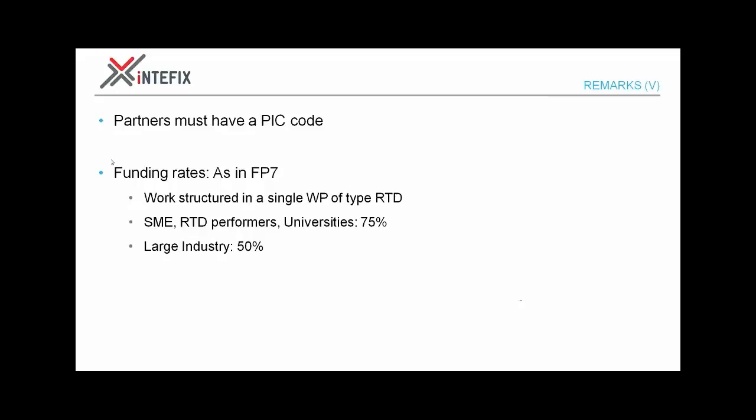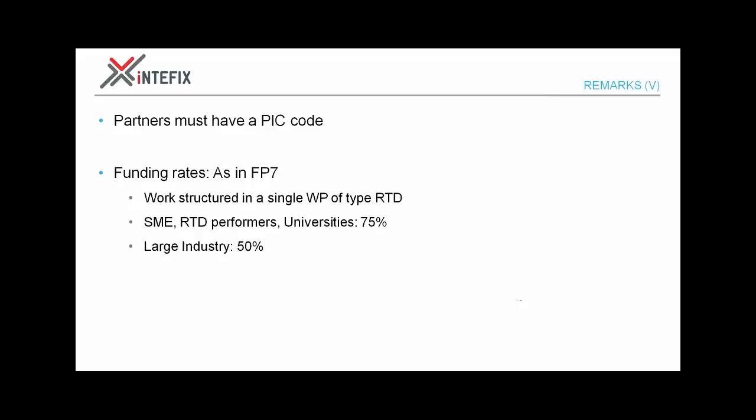Also, the funding rates are those established in FP7. The idea is to set the new experiments as a single work package, and the type of this work package will be research and RTD activity. So the typical funding rates for the different company profiles are these.